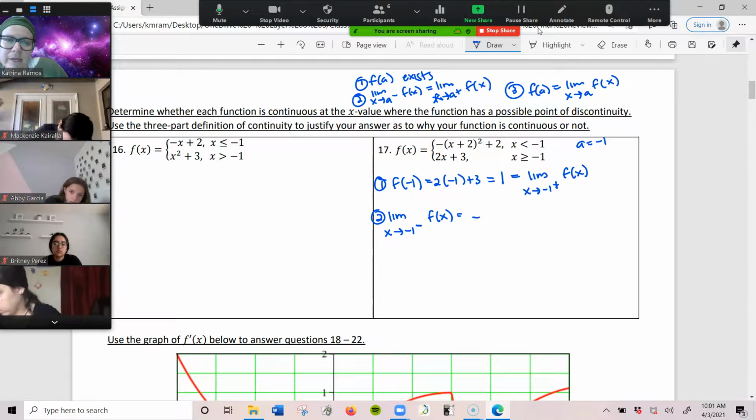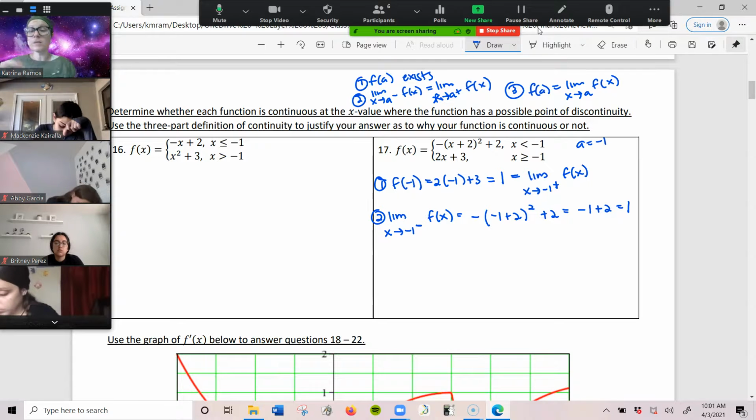So we have negative (-1 plus 2) squared plus 2. -1 plus 2 is 1. 1 squared is 1. We have its negative. So -1 plus 2, which is 1. So we have here that the limit from the left equals the limit from the right. Therefore, the general limit is also equal to 1.